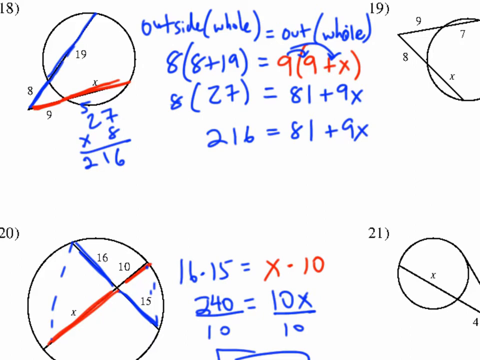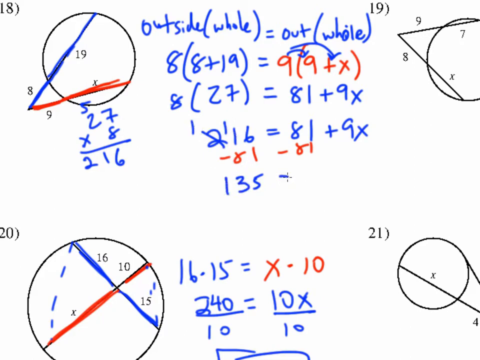Okay, let's get rid of this 81. So 6 minus 1 is 5. 11 tens minus 8 tens is 3 tens, borrowing one of the hundreds, and you still have 1 left.